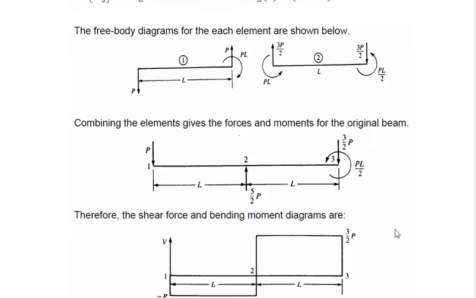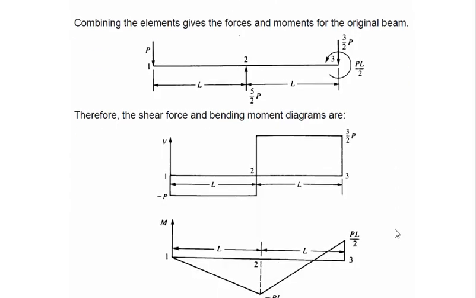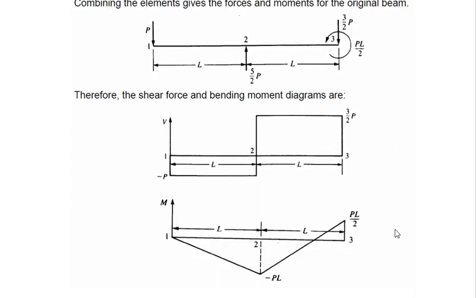Now, once we have these forces and moments with us, then we can draw the shear force diagram and bending moment diagram. That's what we finally want in case of beam analysis. So here you see that the shear force diagram and bending moment diagram have been drawn by the direct method. So force P acting in the downward direction. So we move in the downward direction by an amount of P. Then no force acting in this region, so it remains straight.